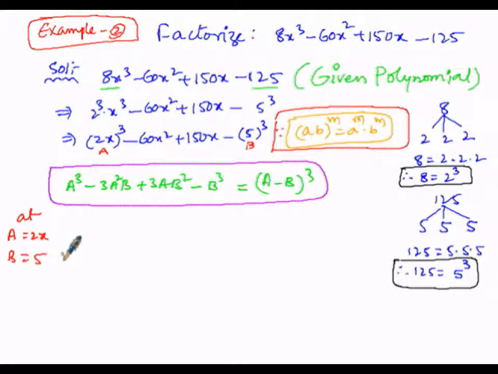Now let us substitute. Here I am going to substitute a value as 2x and b value as 5 in the special product, that is a cube minus 3a square b plus 3ab square minus b cube equals (a minus b) whole cube.